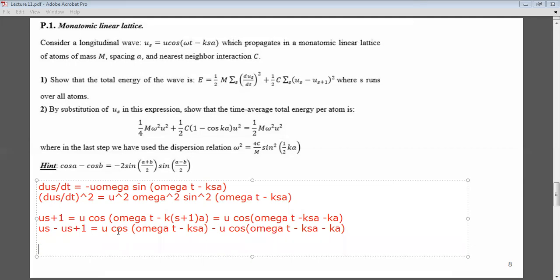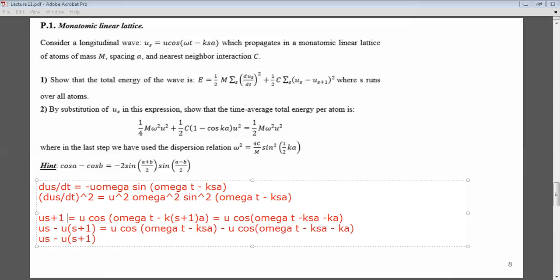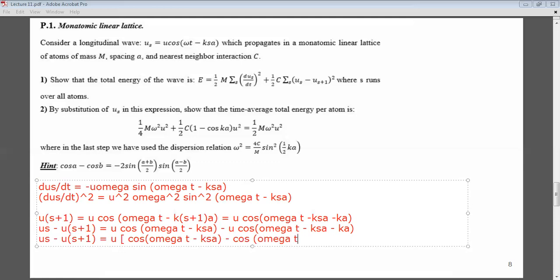As you see, u is common. So here I have us − us+1 equal to u times cos(ωt − ksa) minus cos(ωt − ksa − ka), right?